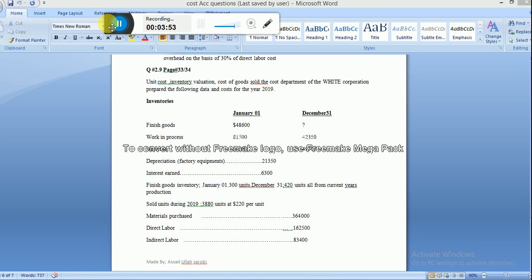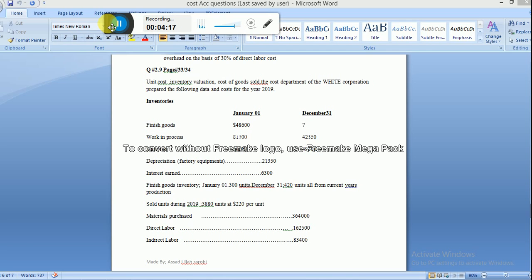Interest earned 6,300. Finished goods inventory on January 1st 300 units, and on December 31st 420 units, all from the current year's production.